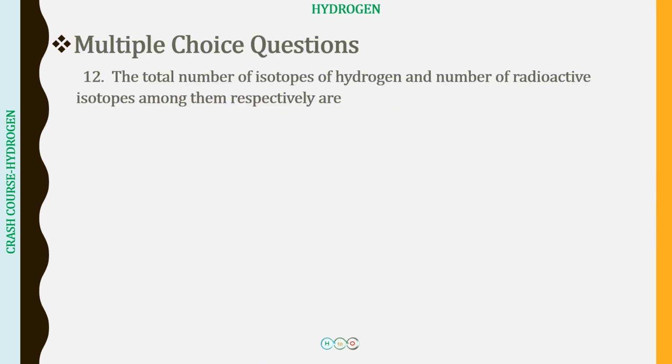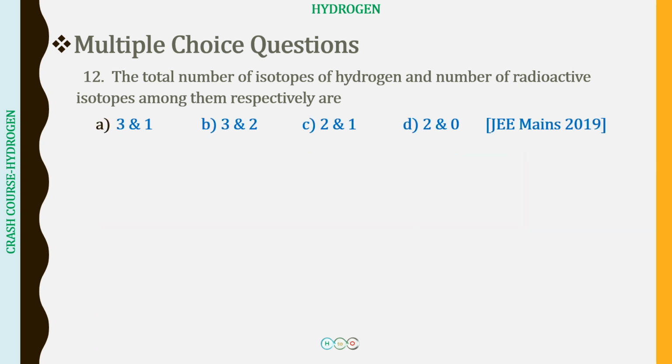The next question: the total number of isotopes of hydrogen and the number of radioactive isotopes among them, respectively, are 3 and 1, 3 and 2, 2 and 1, 2 and 0. This question was asked in JEE Mains January 2019. Also, there is a similar question in the NCERT exemplar book.